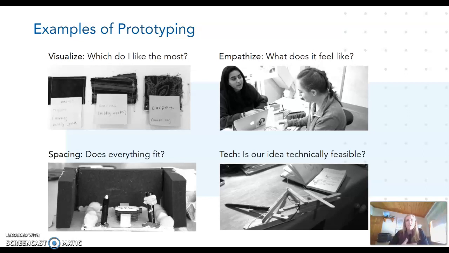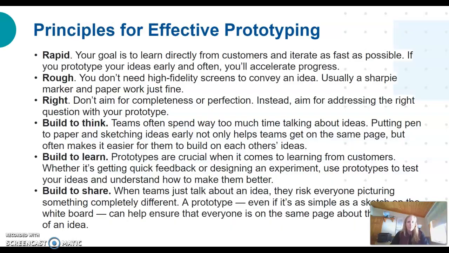If you're solving a personal issue, an emotional issue for your customer, you can verbally describe and maybe draw out what this solution looks like and ask them, how does it feel? Do you think that this would help you? If it's something that goes in a room, you can come up with little diagrams to see if spacing, if everything fits. And you can test some general basic mechanics just to see if ideas are feasible.